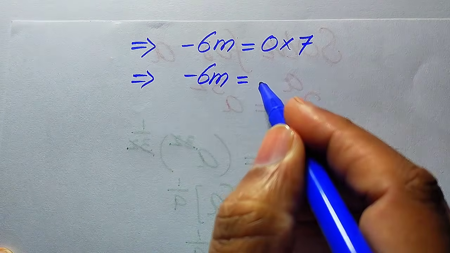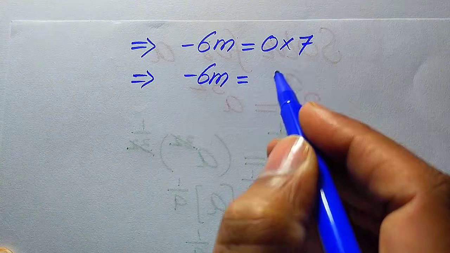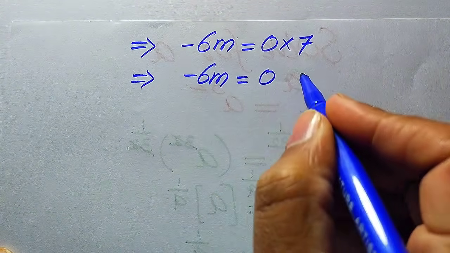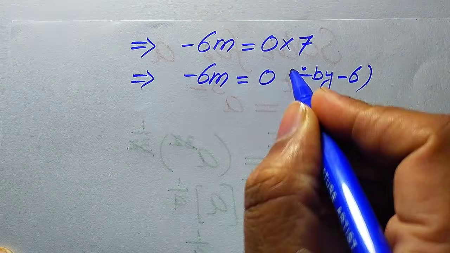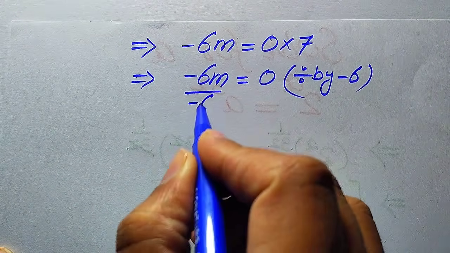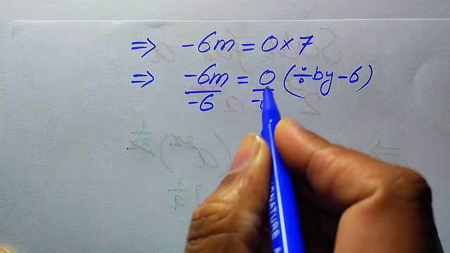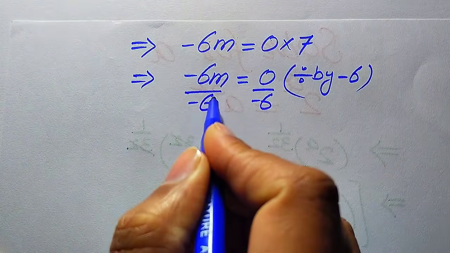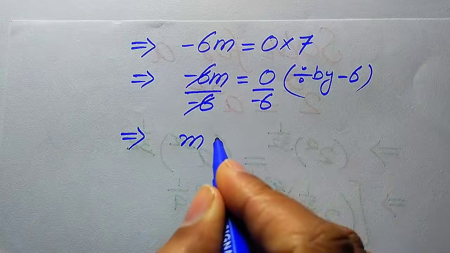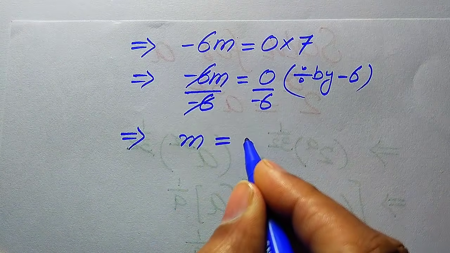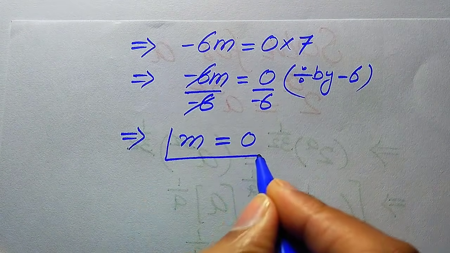So we obtain minus 6m is equal to 0 times 7, which becomes 0. Now we divide both of the sides by minus 6 for the value of m. When we divide by minus 6, it will be written as 0 divided by minus 6. So this minus 6 and this minus 6 are gone, and we get m is equal to 0 divided by minus 6, which is equal to 0.